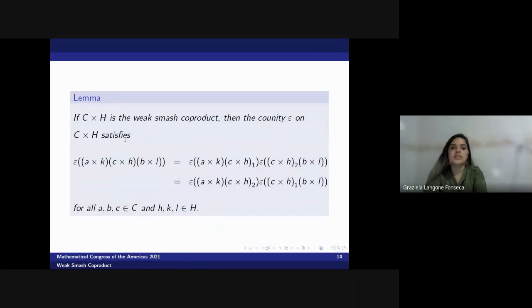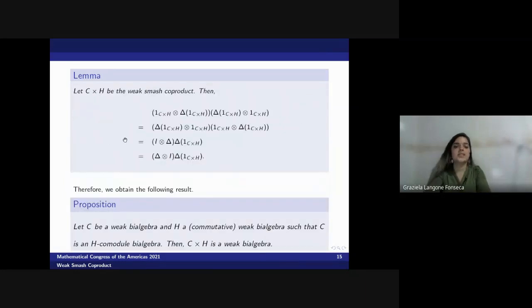Another lemma says that if C times H is the weak-smash coproduct, then the counit on C times H satisfies these properties. And the last lemma says that if C times H is the weak-smash coproduct, then the property of the counit of the unit of a Weak-Bi-algebra is satisfied for C times H.